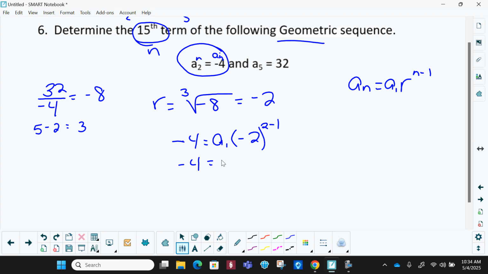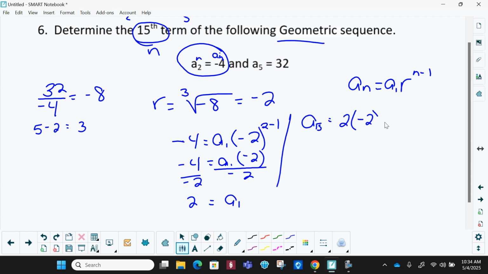You get -4 equals a1 times -2. Divide by -2, so a1 is 2. Okay. So here we go. The 15th term, a sub 15 equals 2 times -2 to the 15 minus 1. And you're going to type all that in, and you're going to get 32,768.